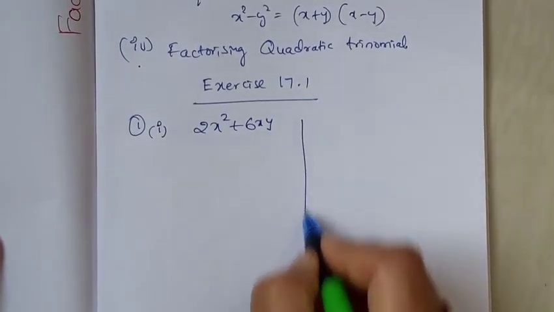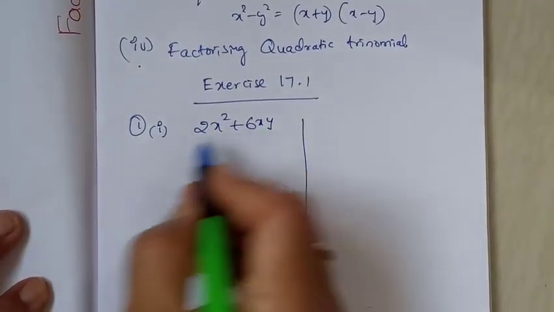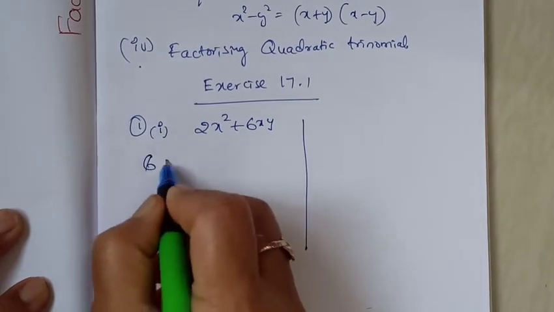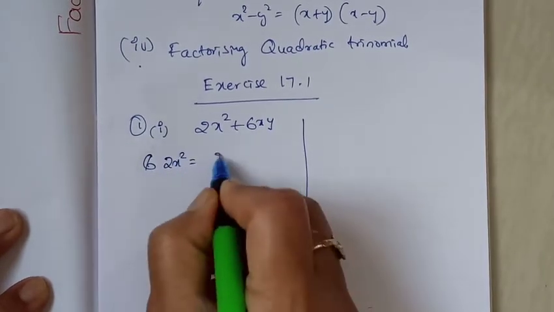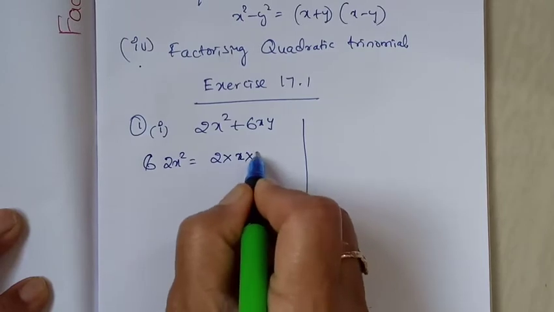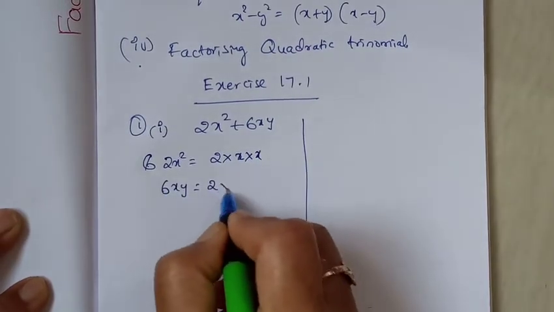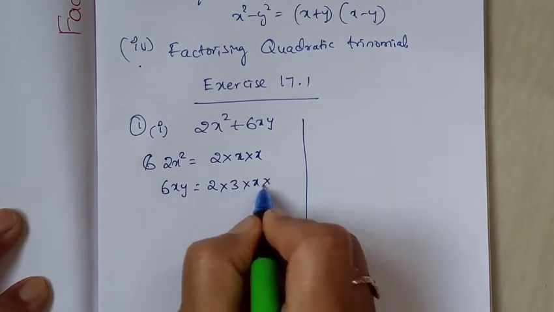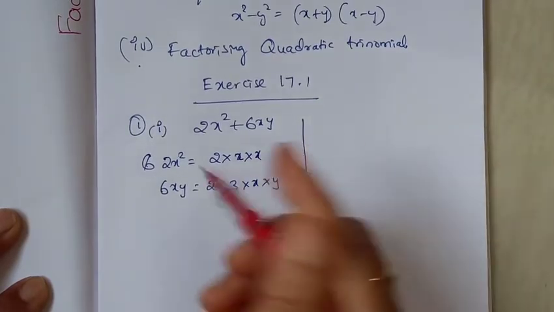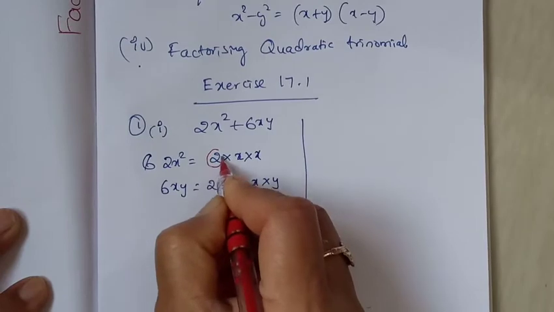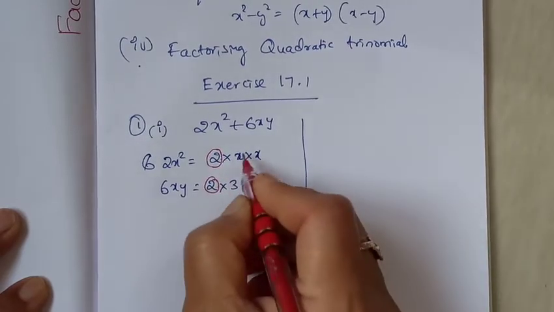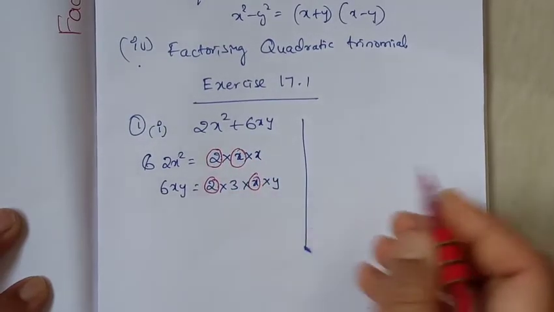In this I will explain in two methods. Let us go with the first method. 2x square is equal to 2 into x into x, and 6xy is equal to 2 into 3 into x into y. Here I am just going to encircle the common factors.